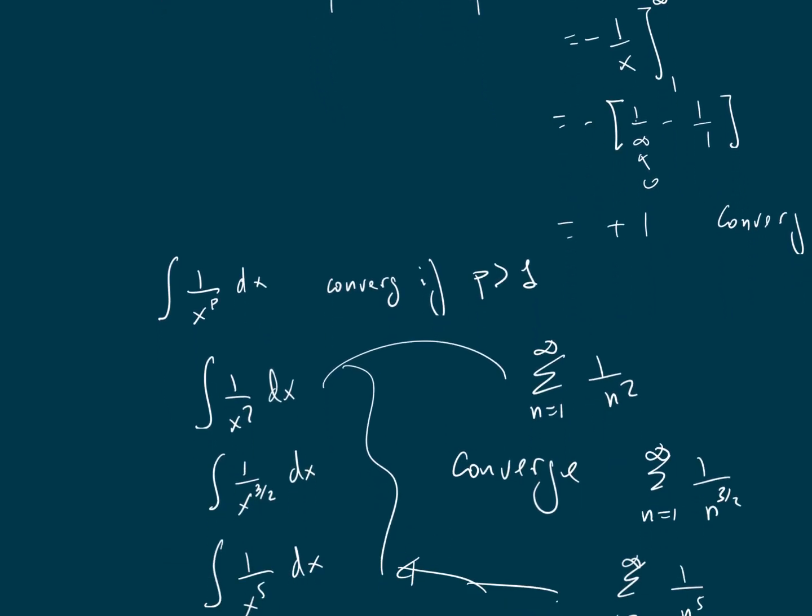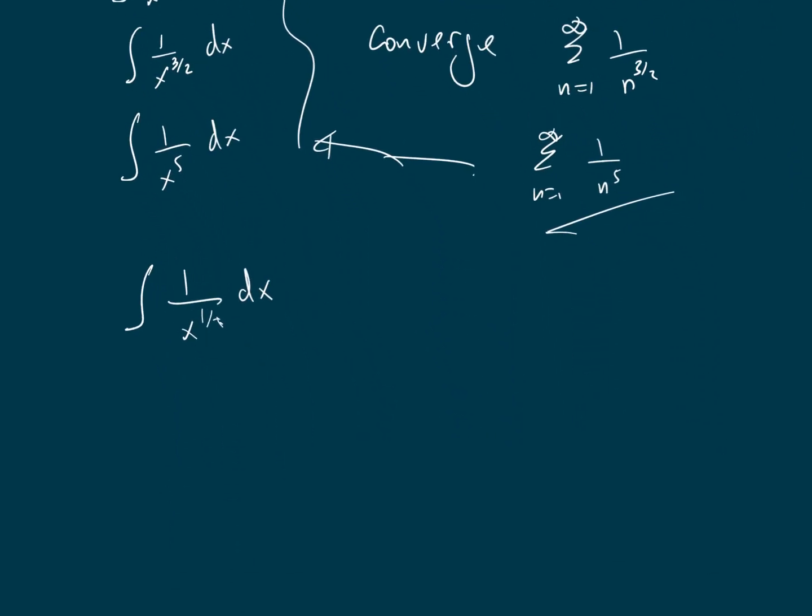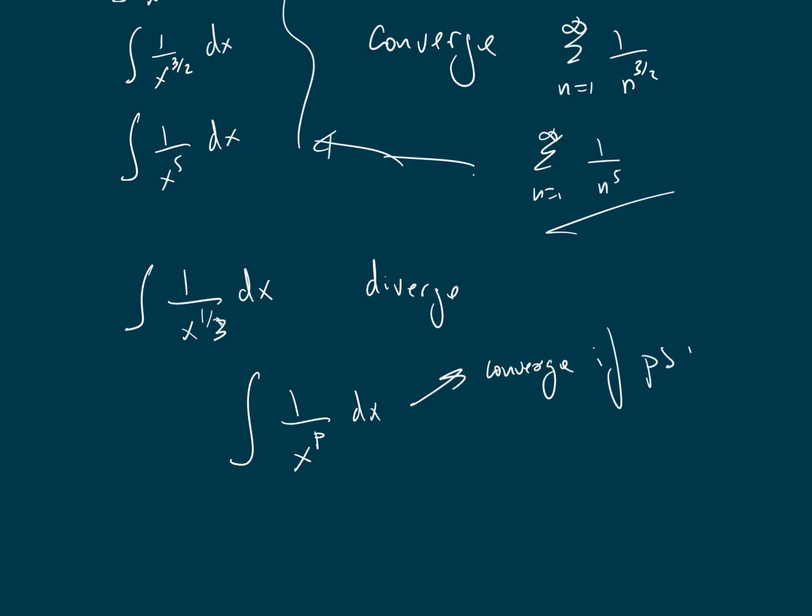So what happens with this integral, x^(1/3)? Well, this diverges, because the integral of 1 divided by x^p dx converges if p is greater than 1.